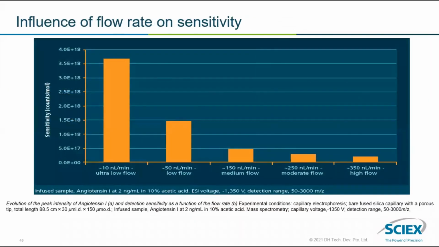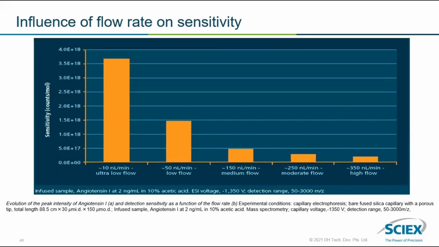If you want to see the influence of low flow rate on the sensitivity, here we have one example. In this example, we injected angiotensin at 2 nanogram per ml in 10% acetic acid using the CESI and the mass spec. What we have seen here is when the flow rate is very high, which you can see on the right-hand side, around 350 nanoliter per minute, which is called the high flow, the sensitivity is very low.